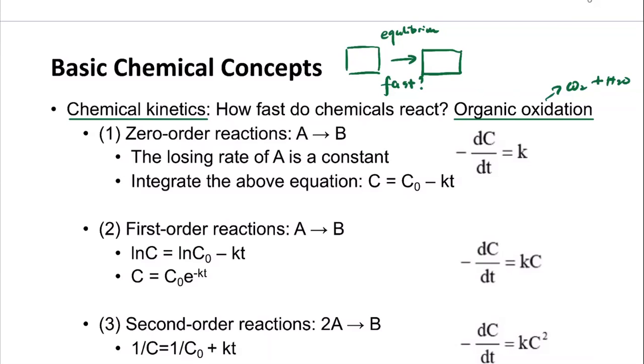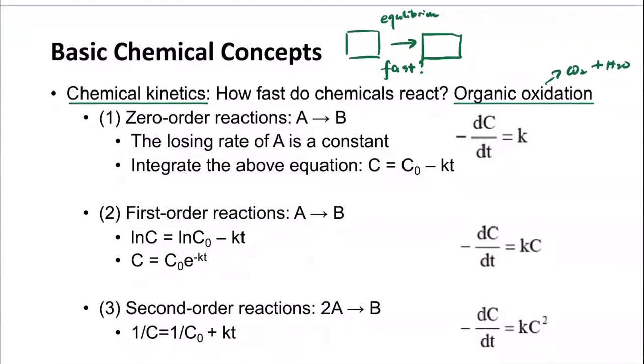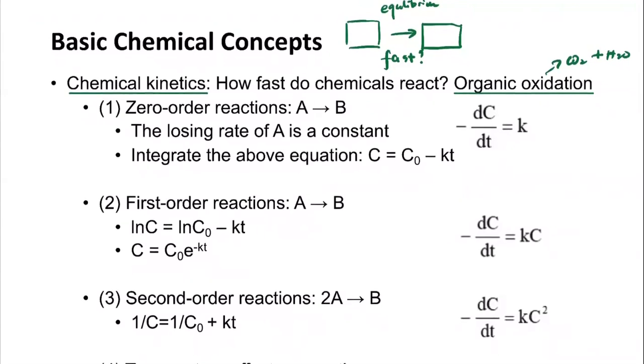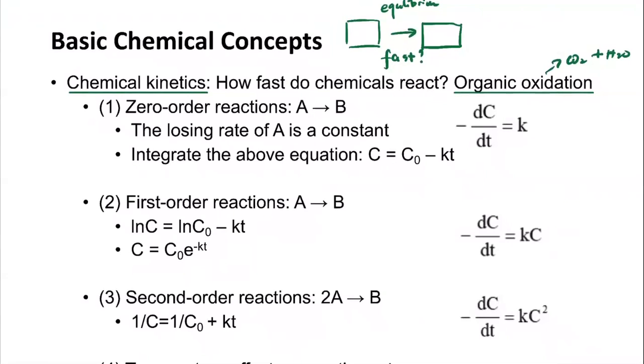But if the reaction is very fast, then we don't need to worry about it. We can just have a smaller reactor, right? And then send in a pretty fast or high flow rate because we know that the reaction is going to take place very rapidly, okay? So because of that, we need to know the chemical kinetics, and that is normally shown in the reaction rates.